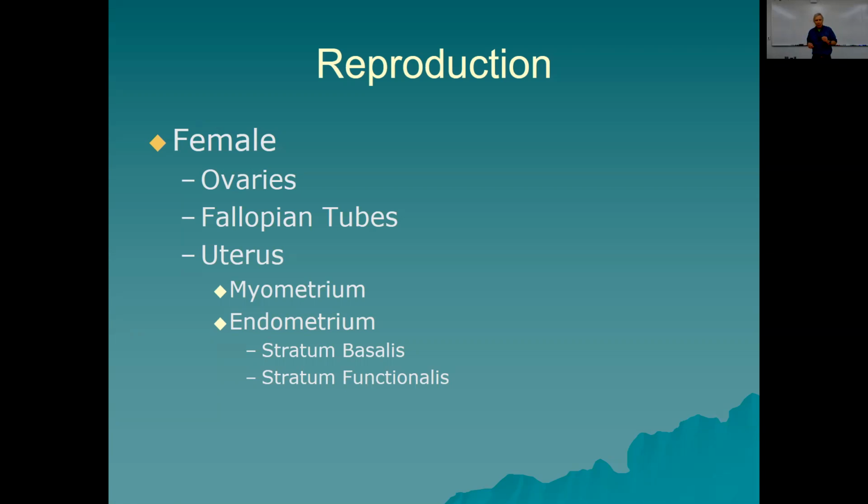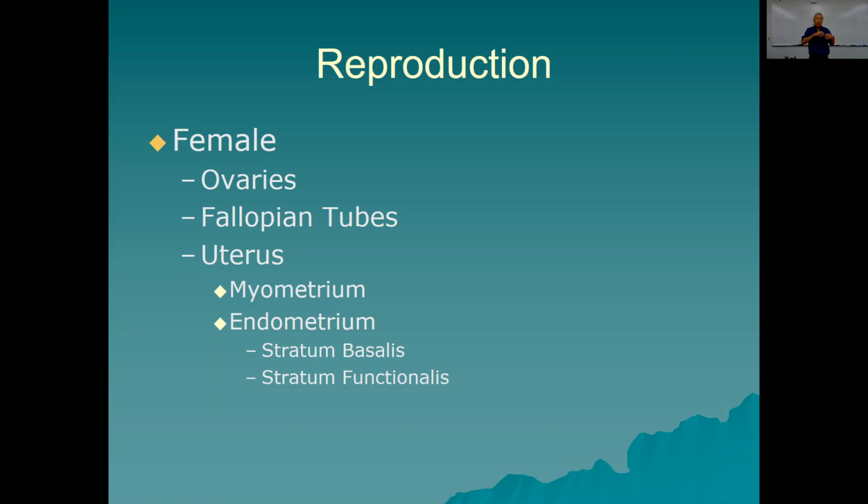The endometrium has two parts, the stratum basalis and the stratum functionalis. Stratum basalis is always there. The stratum functionalis is the outer part of the endometrium, toward the lumen. That is where a possible blastocyst will implant.